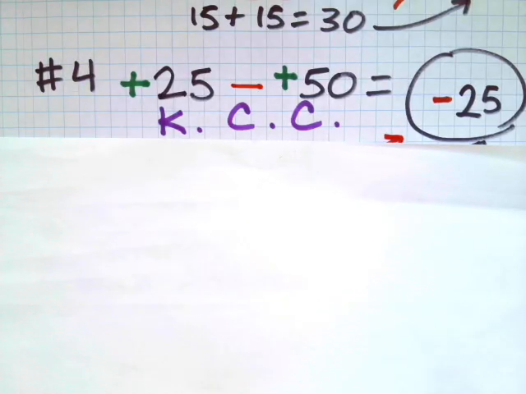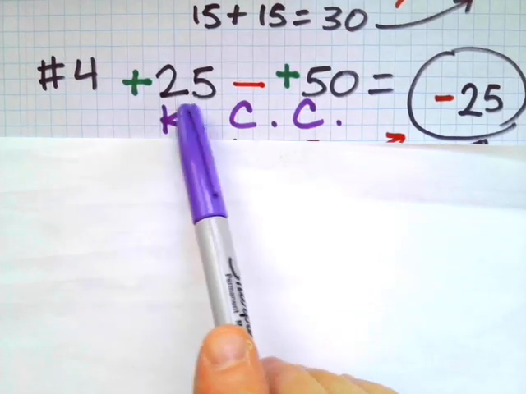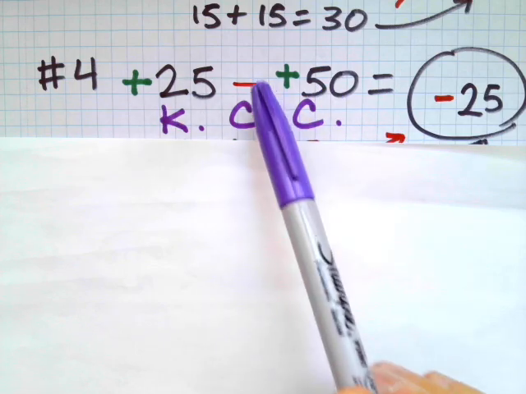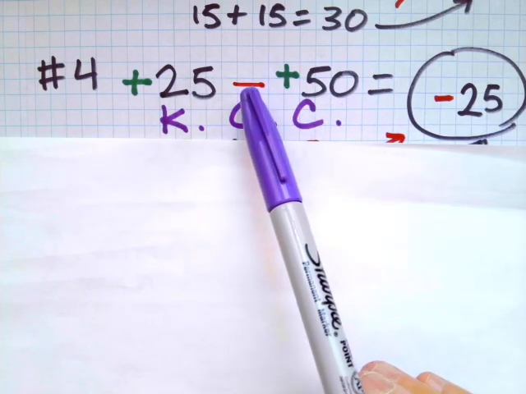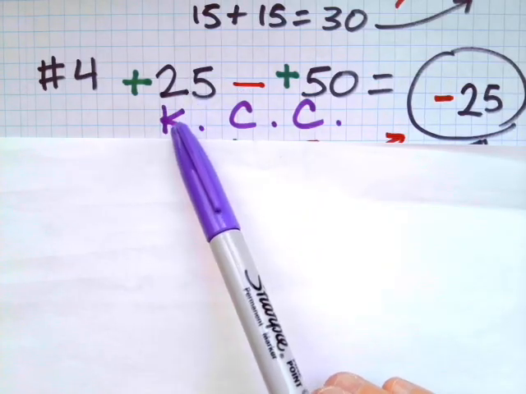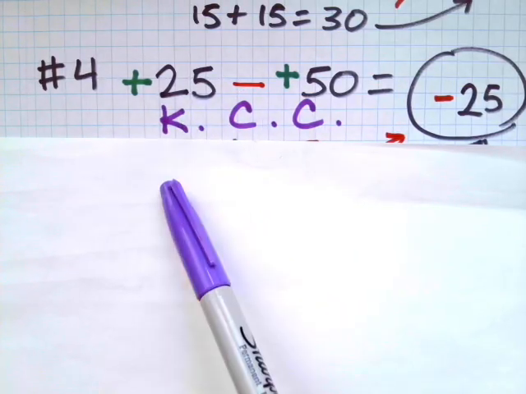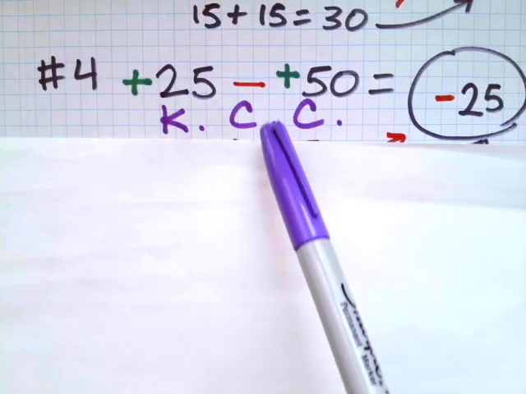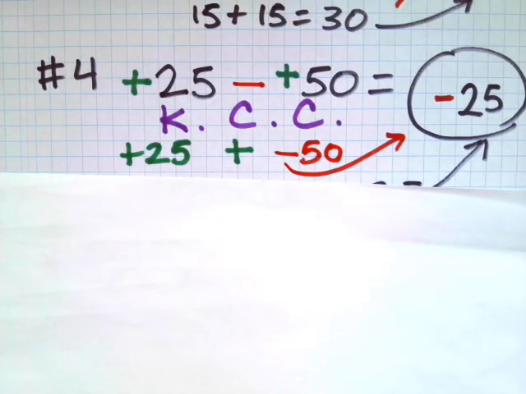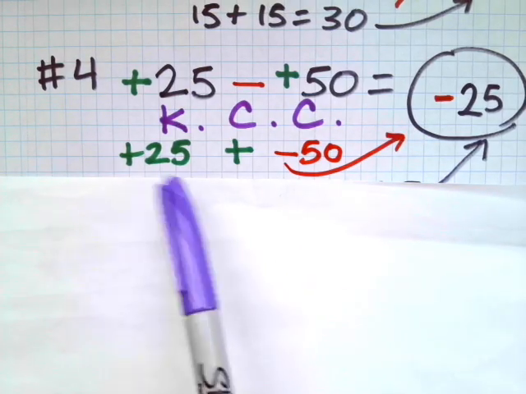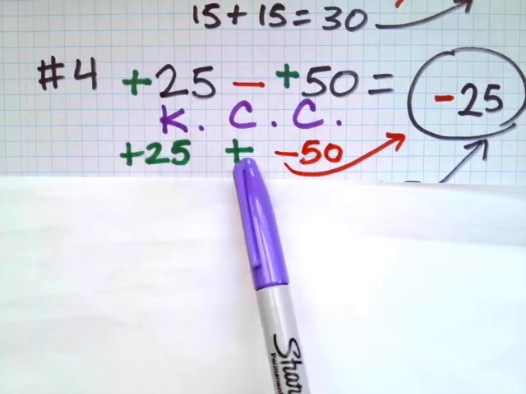Number 4. Positive 25 minus, or subtracting, positive 50. So anytime you see a subtraction problem, you perform a keep, change, change. Keep it a positive 25. Change subtraction to addition. Change that positive 50 to a negative. Now you're going to follow the addition rules, right?